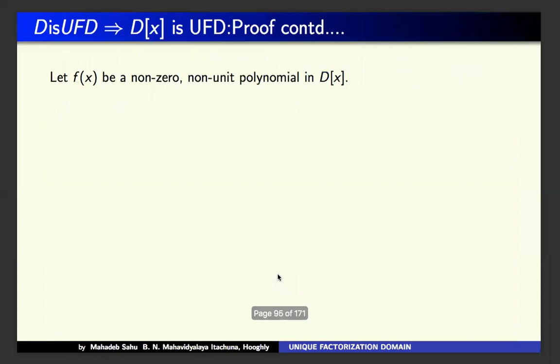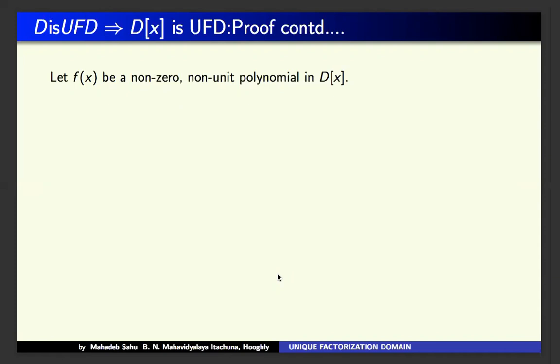So its proof I'm going to do step by step. Let f(x) be a non-zero non-unit polynomial in D[x].